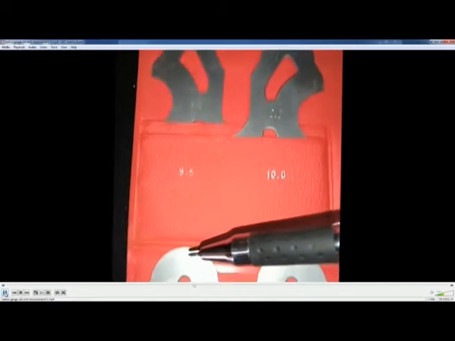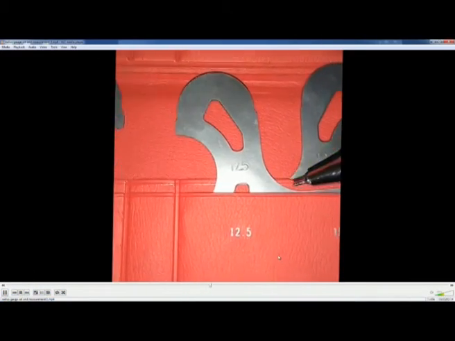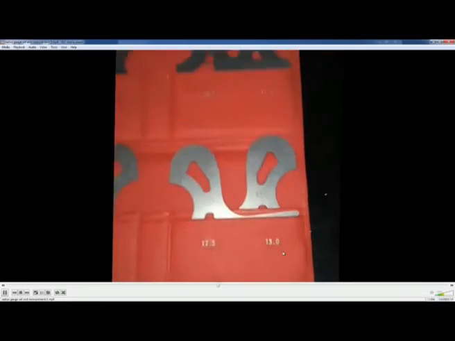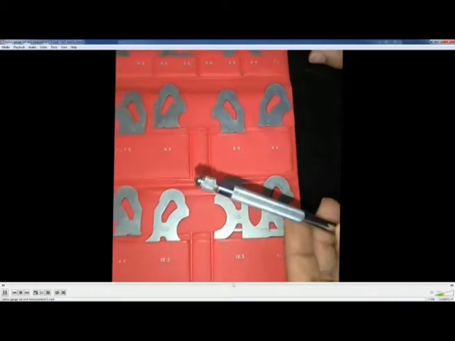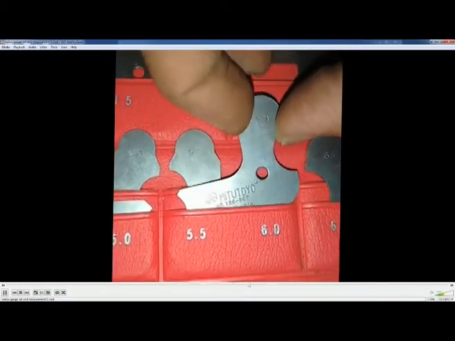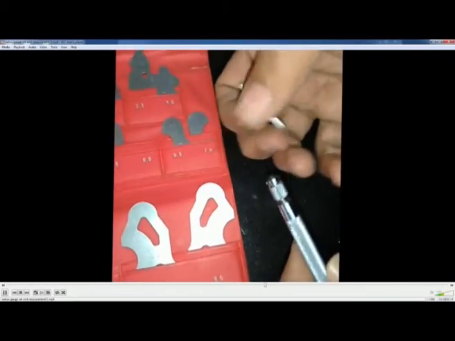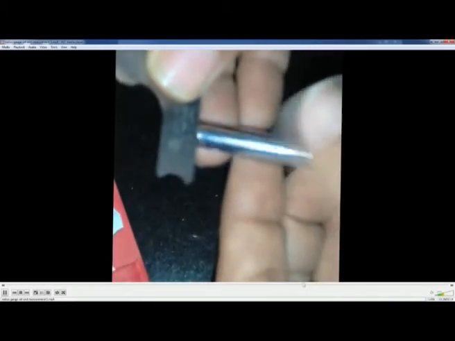So, leaves are available in steps of 0.5, 11.5, 12, 12.5, and a holder is provided along with this set to hold the leaf. Now, we have to keep the radius gauge into the holder.